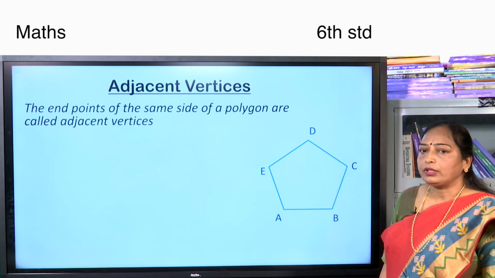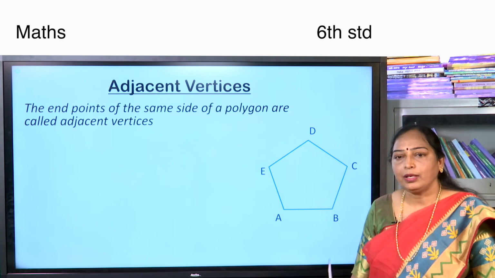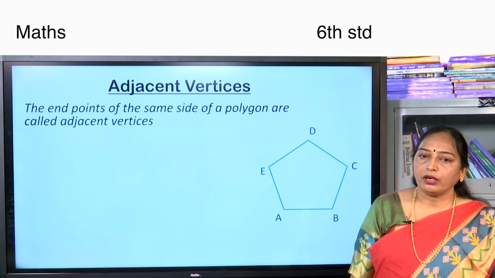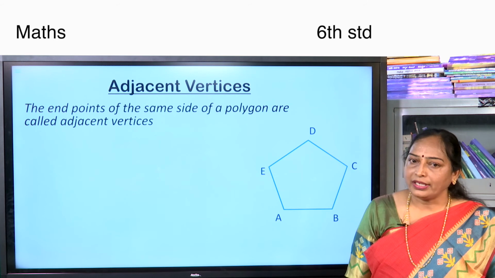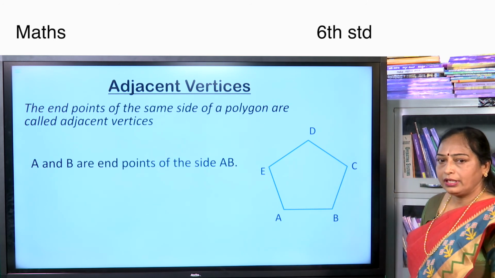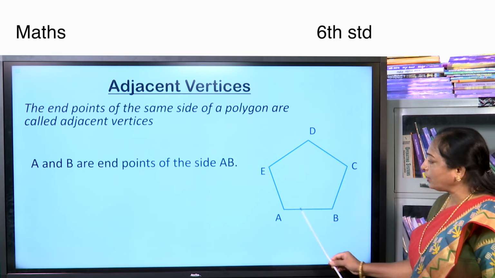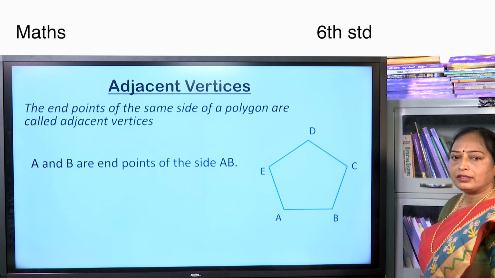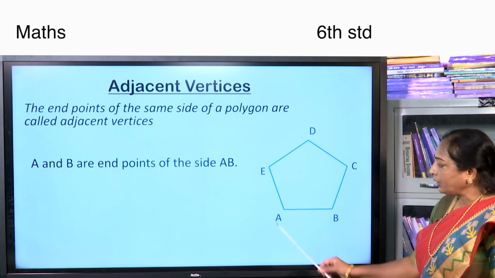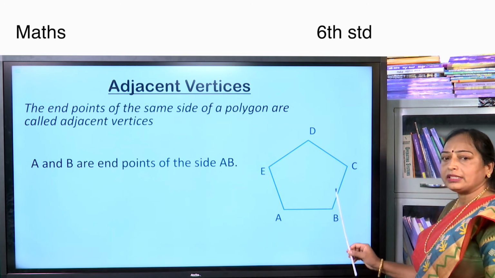Let us learn about adjacent vertices. The end points of the same side of a polygon are called adjacent vertices. Let's see the adjacent vertices now. Here, A and B are the end points of the side AB. Therefore, A and B are called adjacent vertices.